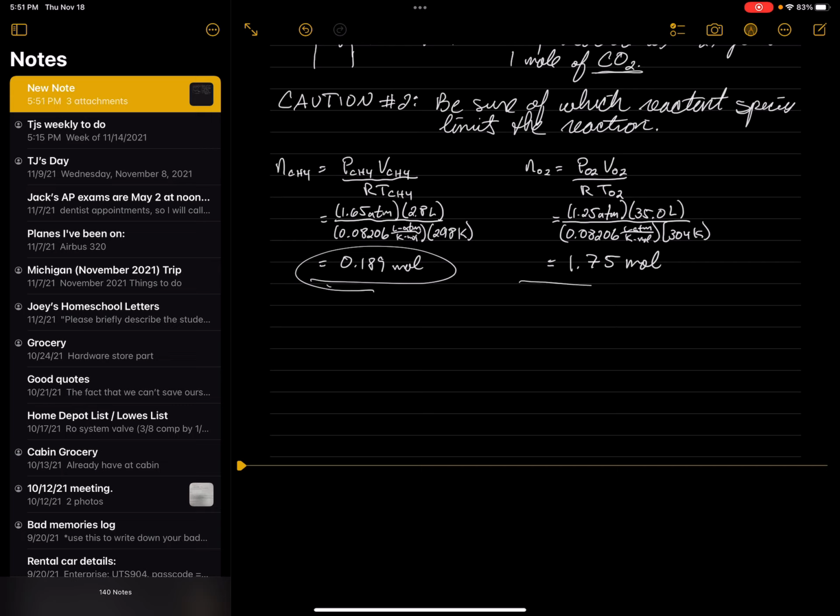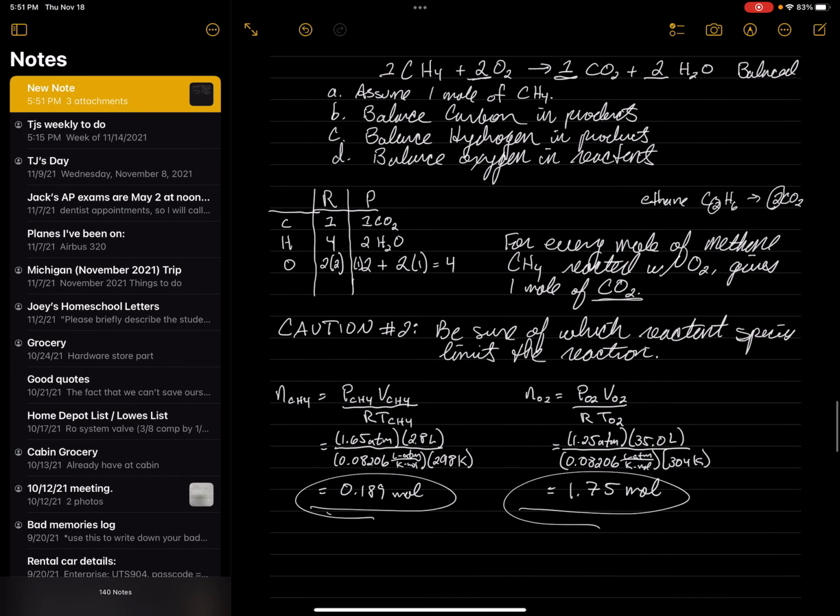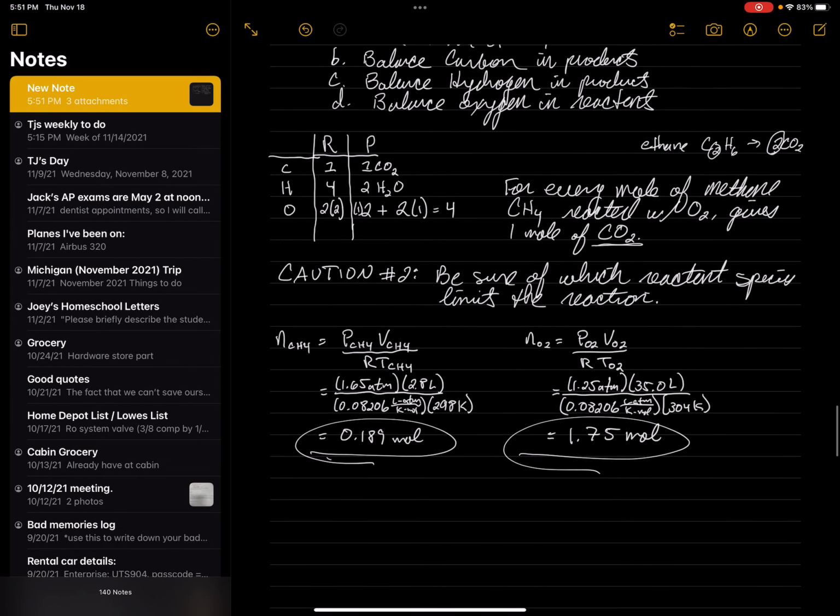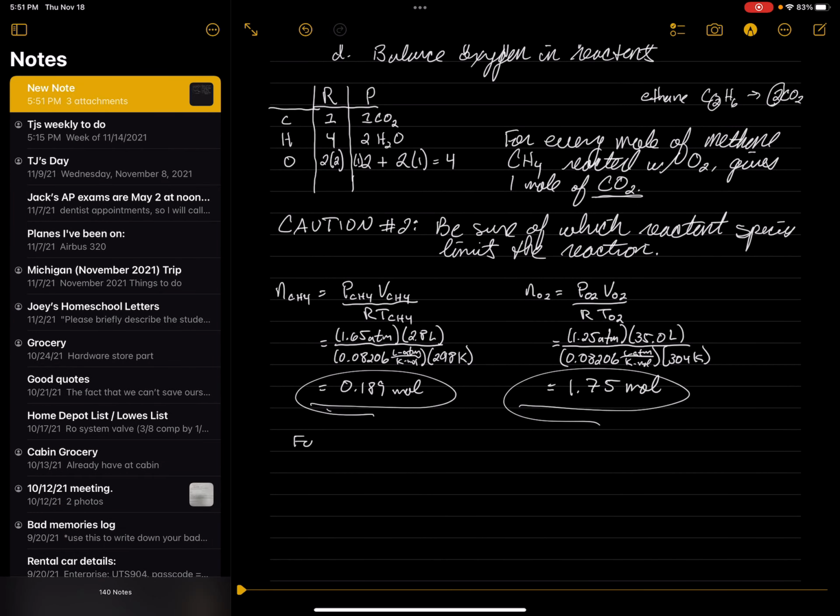Okay, so now we know the number of moles of methane that's available to us in the reaction. We know the number of moles of oxygen that's available to us in the reaction, okay? And we note that for every 1 mole of methane, we use 2 moles of oxygen. We got that from our balanced reaction.